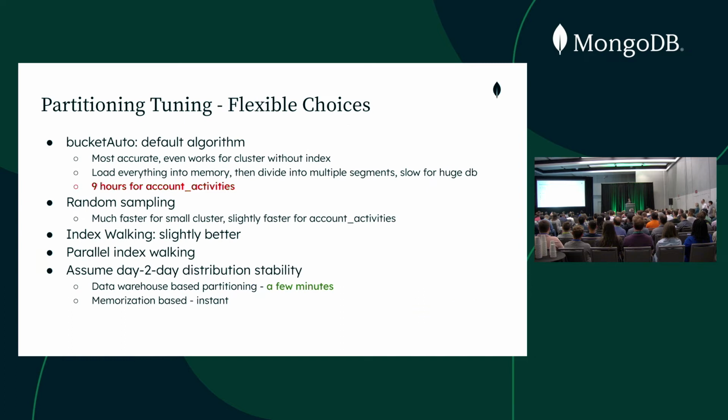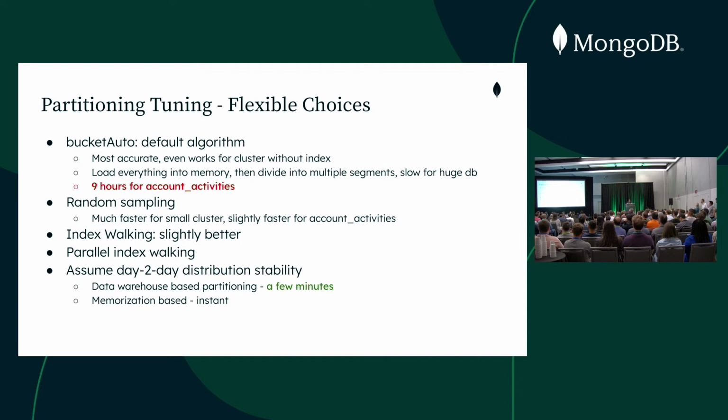The first thing we looked into is the partitioning. Partitioning is basically dividing the whole document space into multiple segments. Very intuitively, you'd think this should be very fast, right? It should take 1 minute, right? But now it takes 9 hours. It turns out that Atlas Data Federation provides a very flexible choice, and we picked the default algorithm, called bucketAuto.